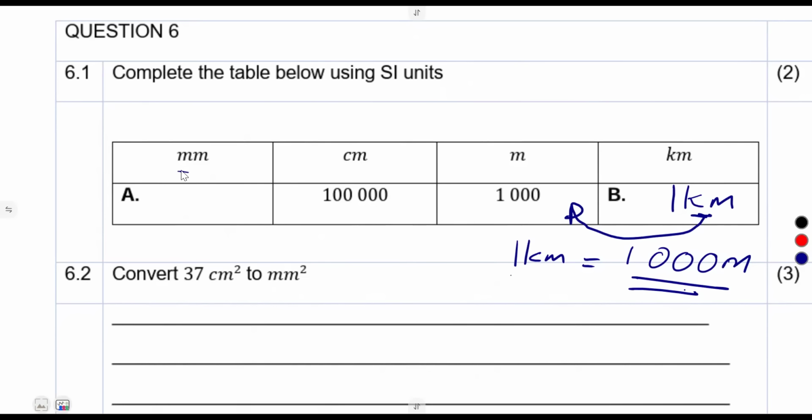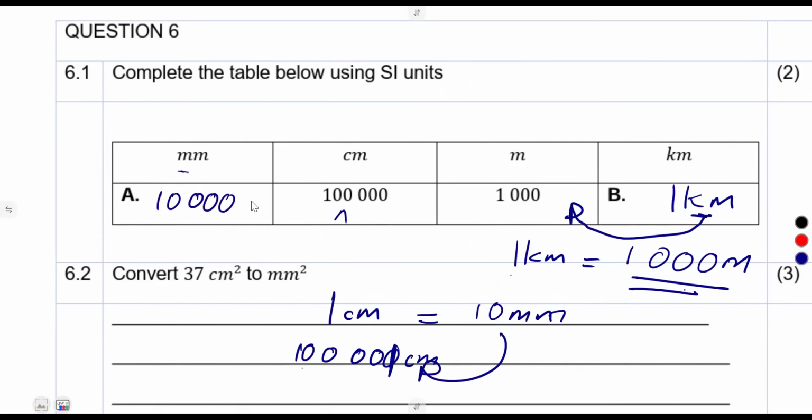What about in millimeters? How many millimeters? You can work with one of these. We can work with centimeters; it's up to you. In 1 centimeter, we have got 10 millimeters. We know that one. So in 100,000 centimeters, multiply by 10 and we get 1,000,000 millimeters.